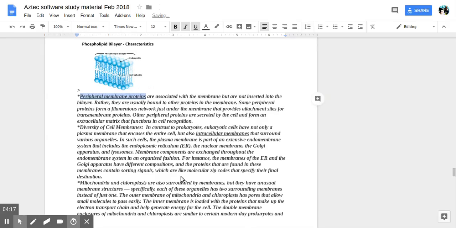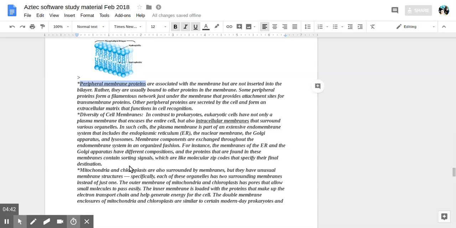For instance, the membranes of the ER and the Golgi apparatus have different compositions, and the proteins that are found in these membranes contain sorting signals, which are like molecular zip codes that specify their final destination.